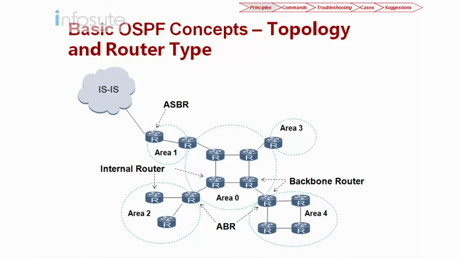In this diagram, we have area 0, area 1, area 2, 3, and also area 4. The total number of areas OSPF supports is 2 to the power of 32, which is about 4.2 billion areas that we can configure.